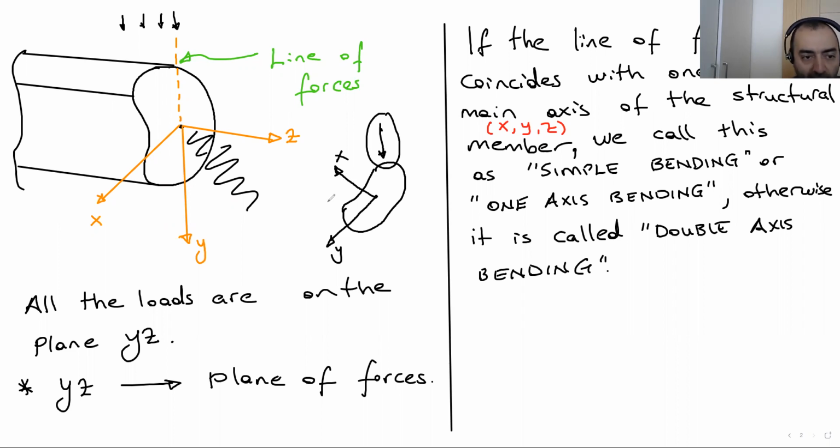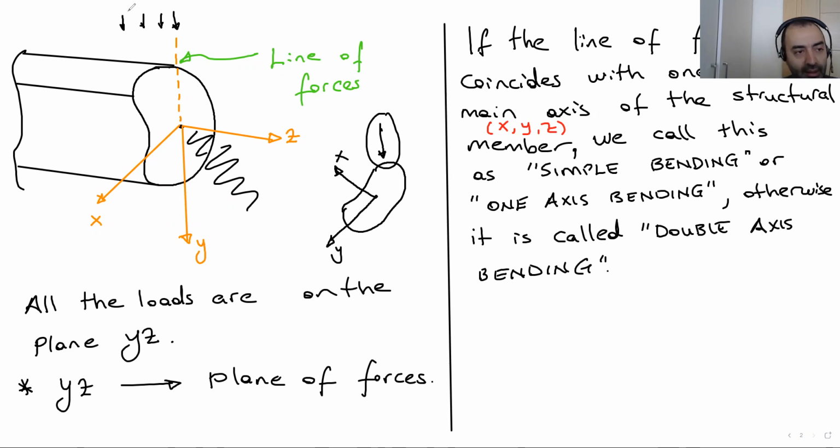That's why we are going to have double bending in both of these axes. We will have a bending around x and one more around y.